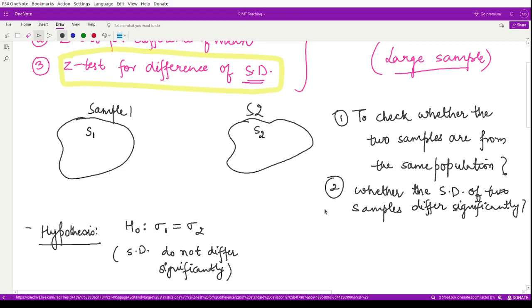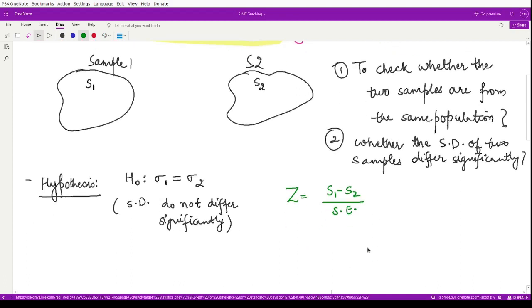So according to that, how can you define the z statistic here? It would be the difference in the standard deviations of these two samples, that would be S1 minus S2, divided by the standard error. Now what is the standard error in this particular case? So that we shall see.